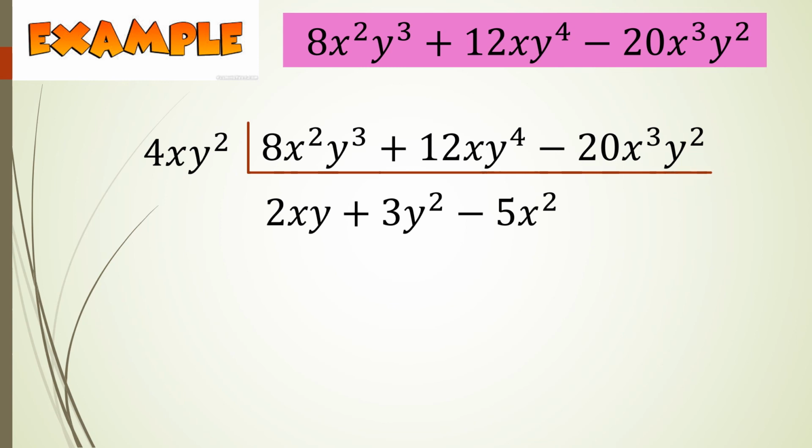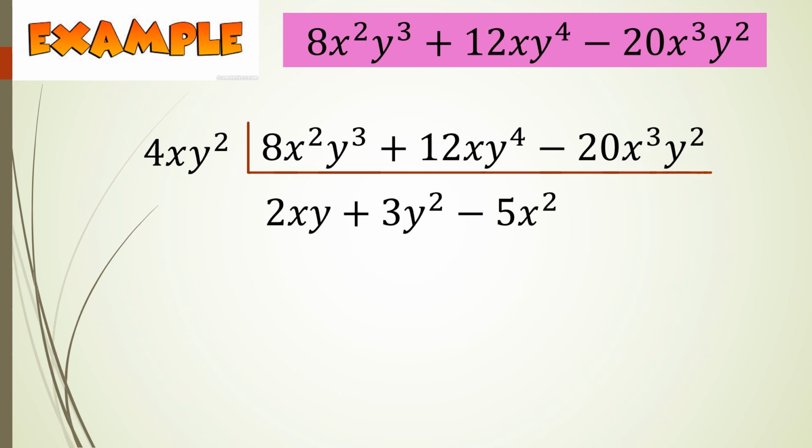We're going to use the smallest exponent of the variables as their common factor, while for the numbers, we use the process of finding the GCF, which for 8, 12, 20 is 4.